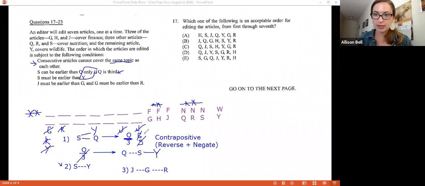We don't want to put anything on our diagram that's only going to be true half the time or only going to be true in certain circumstances. So a good general rule with conditionals in logic games is to keep them off the board at first, because when you first make your diagram, you don't know if that scenario is going to come true or not. All right, so we have a diagram now.